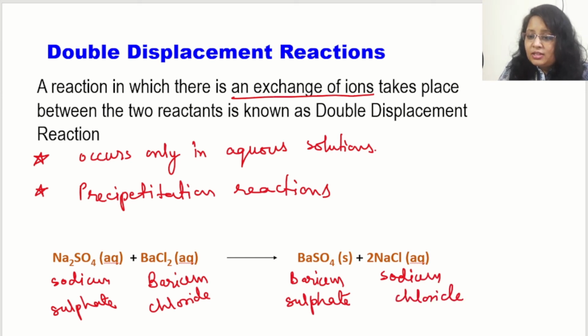And this barium sulfate is in the form of precipitate, which is collected at the bottom of the test tube. That's why these reactions are called precipitation reactions.